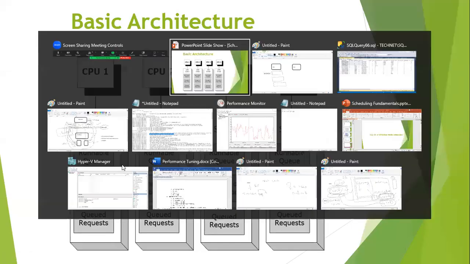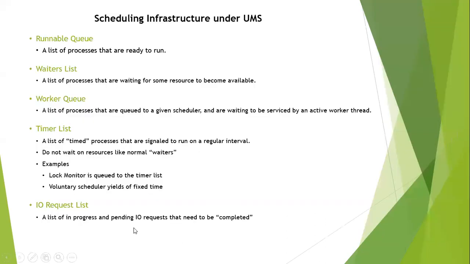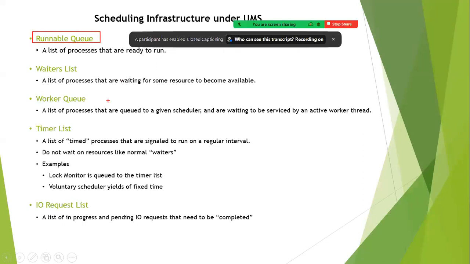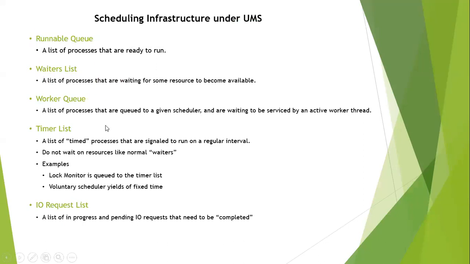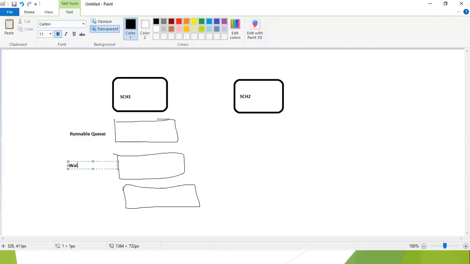It is an old diagram, I believe, but you can consider this. This is the scheduling information: a runnable queue, the waiter queue, then another one is the IO list queue, and some other, like a timer queue.